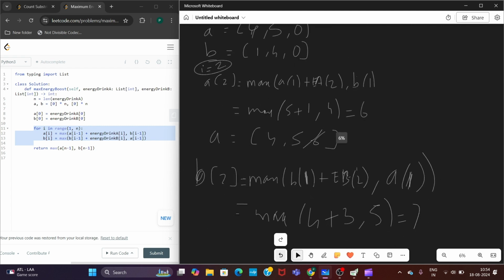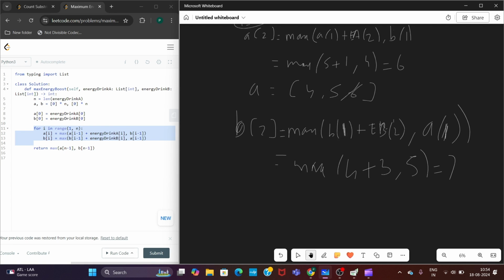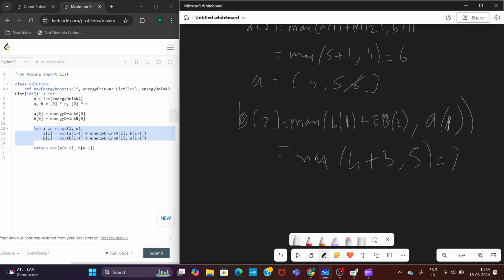So we have got b of 2 as 7 over here. So my b will be 1, 4, 7.